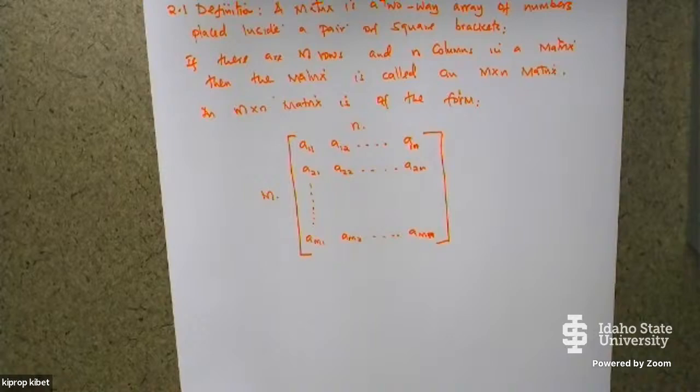So actually A11, A12, A1n, A21, A22, A2n, those are the coefficients of the linear system which we had previously. Now we can use this to get solutions x1, x2, xn.